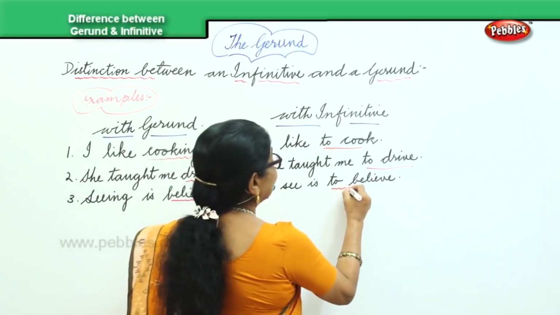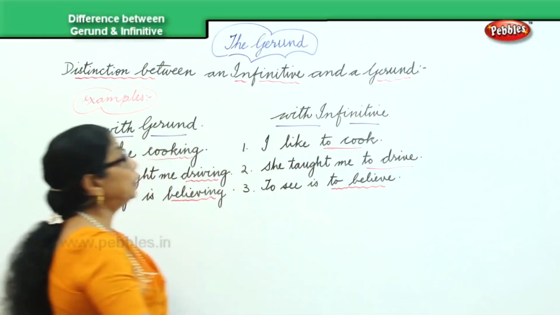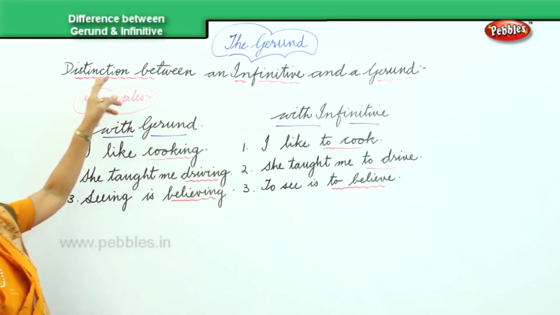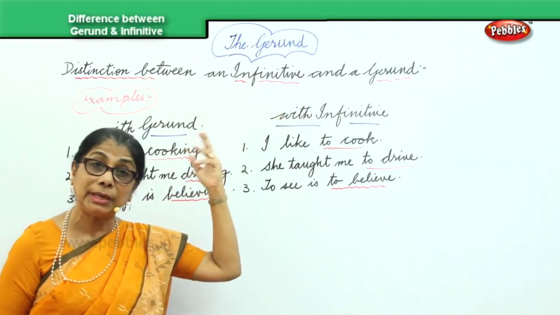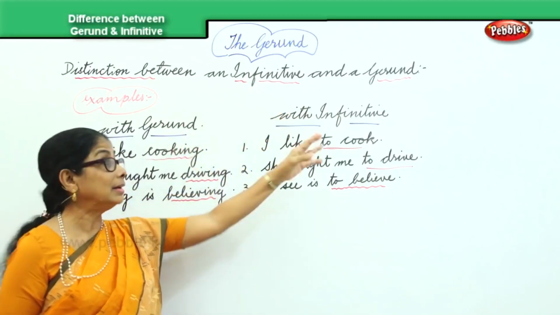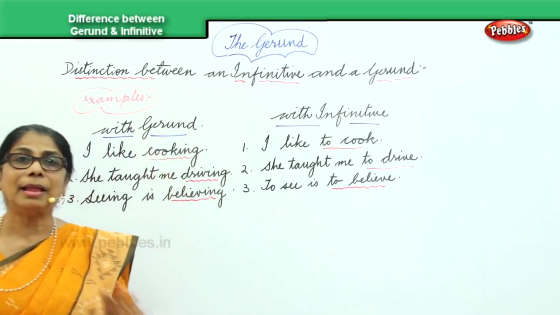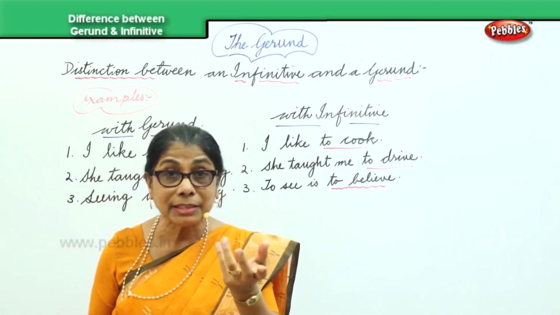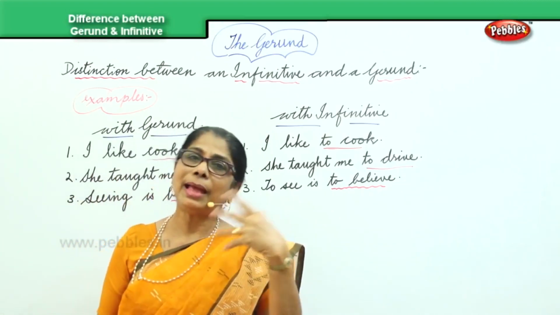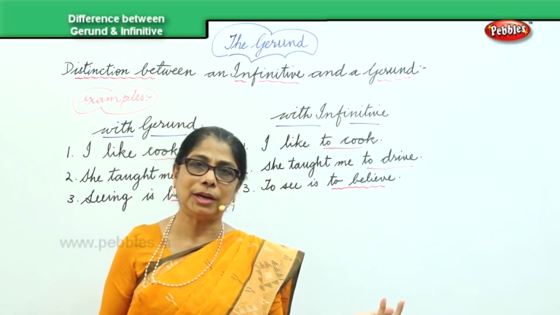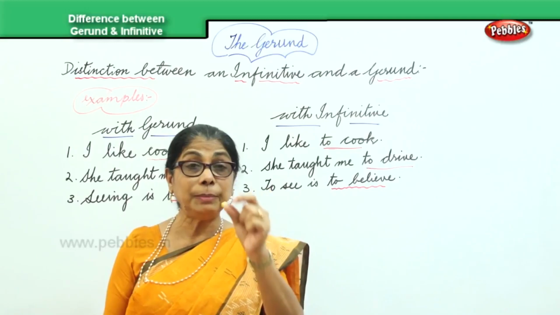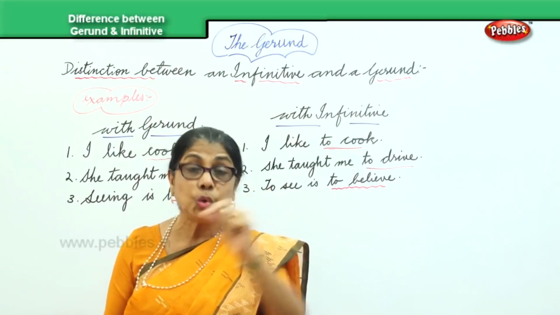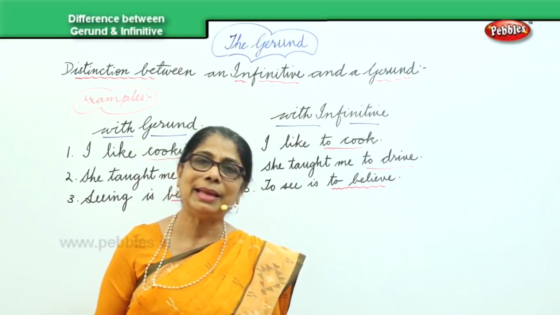Now, I told you, we are talking about the distinction and difference between the infinitive and gerund. In both cases, whether it's infinitive or gerund, the verb partly does the work of a noun and partly does the work of a verb. In the case of the infinitive, you add "to" to the verb to make it an infinitive.